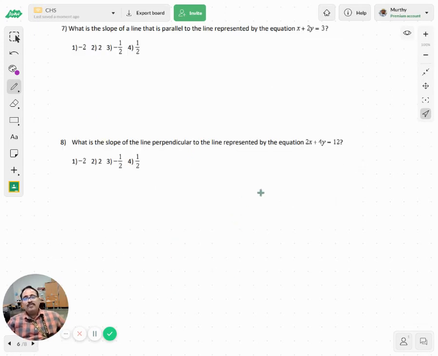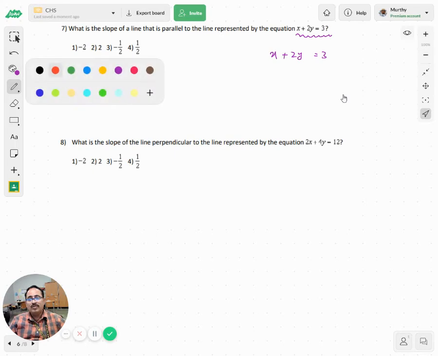What is the slope of a line that is parallel to the line represented by x plus 2y equals 3? Friends, this one is not in the slope-intercept form. Slope-intercept form means we have to isolate y. So let me copy this one. x plus 2y equals 3, and we have to isolate y. That means we have to eliminate x from the left side.